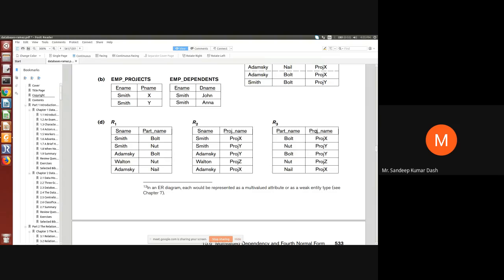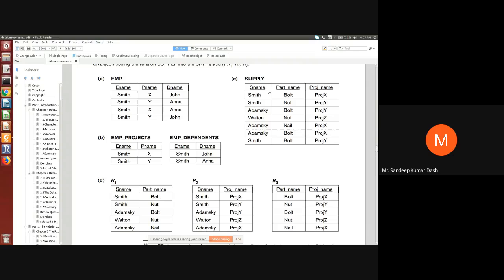If you consider these two columns of the entire R, these are super keys. That is why these three are in 5NF. But this is not in 5NF, because even if this combination is a super key, it does not have the non-additive join property, because when you divide it into, suppose, these 2, it will not be valid. You have to divide this into R1, R2, R3.